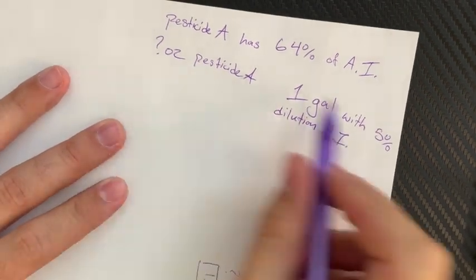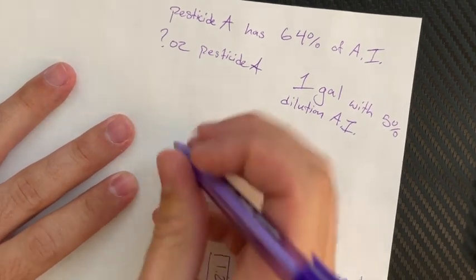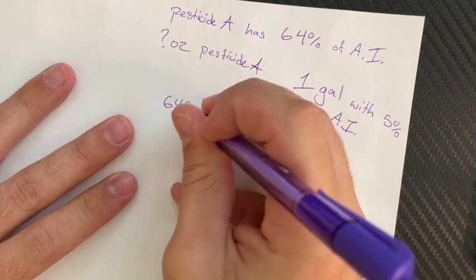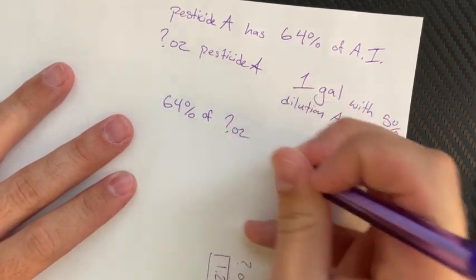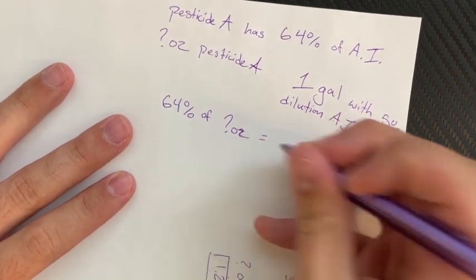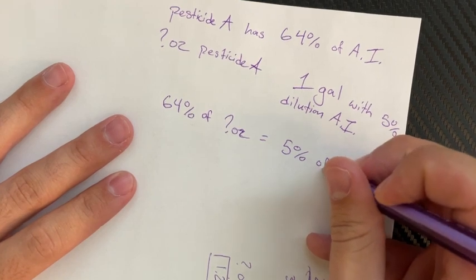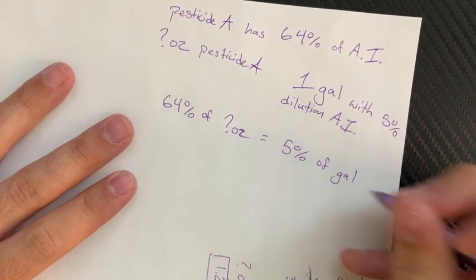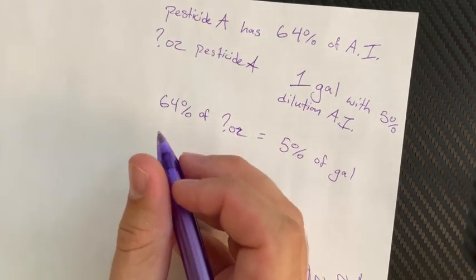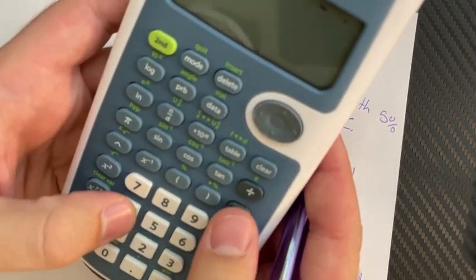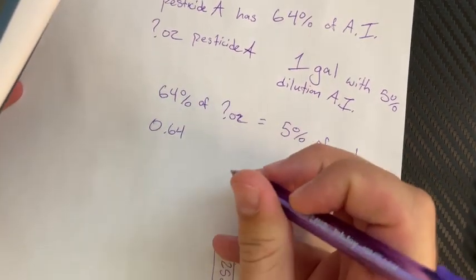So all we need to do is rewrite this. We want it to be 5%, so we're going to say 64% of what ounces equals 5% of a gallon. Okay? And now let's divide all these by 100. 64 divided by 100 is 0.64.